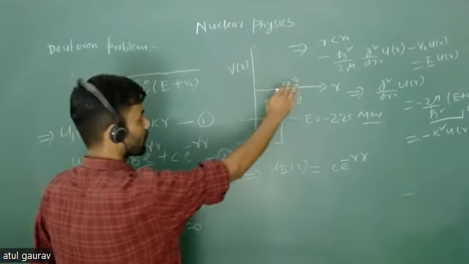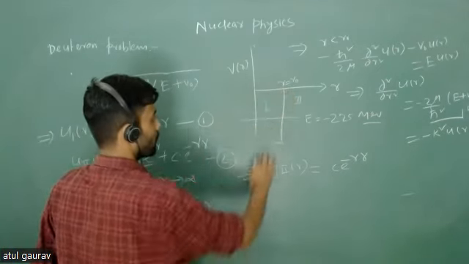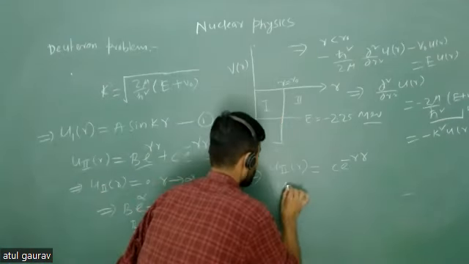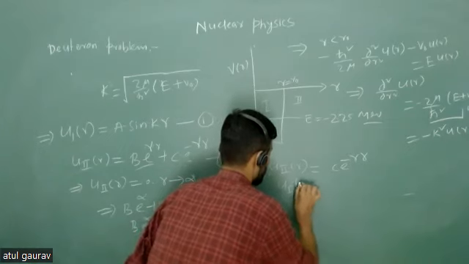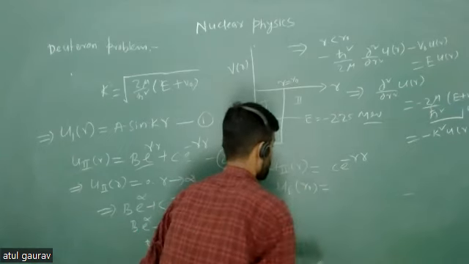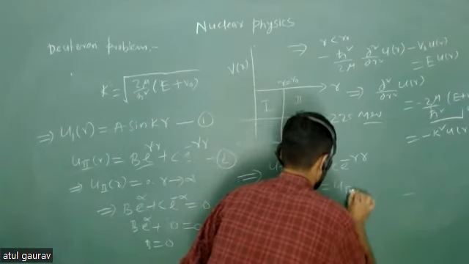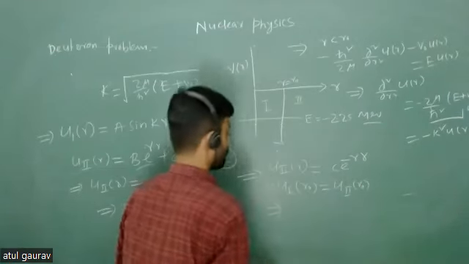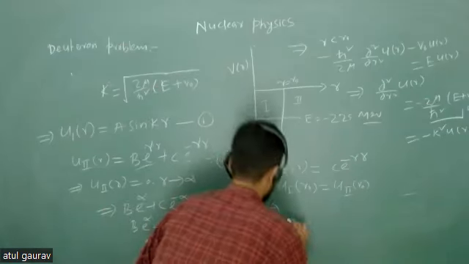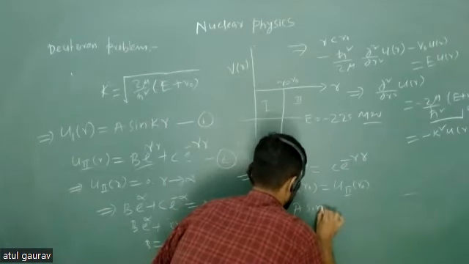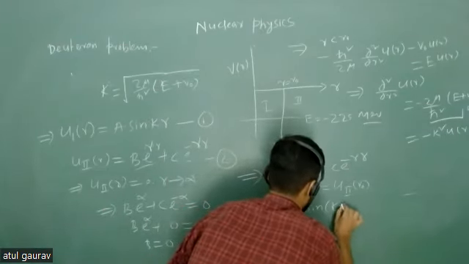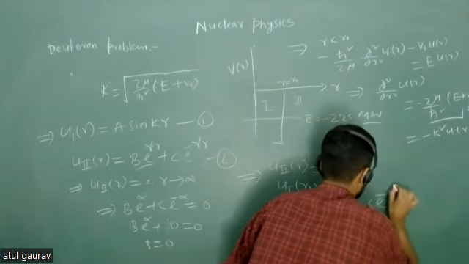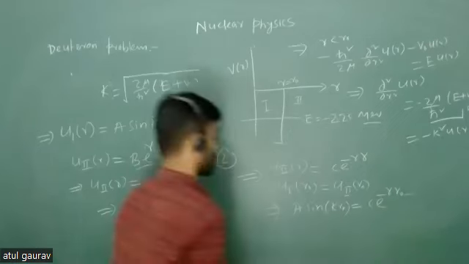Now we'll apply that property of the wave function. The wave function must be continuous, so at the boundary u1(r0) should be equal to u2(r0). This equation gives A sin(k r0) equals C exponential of minus gamma r0.